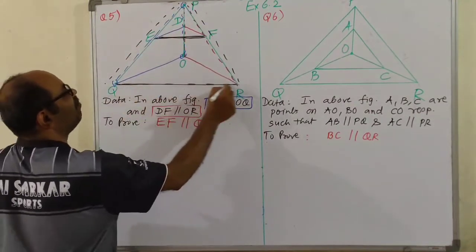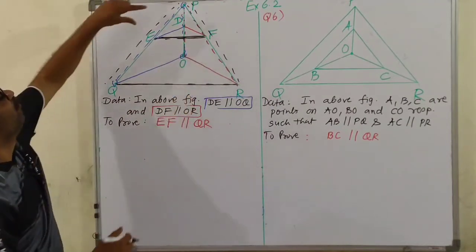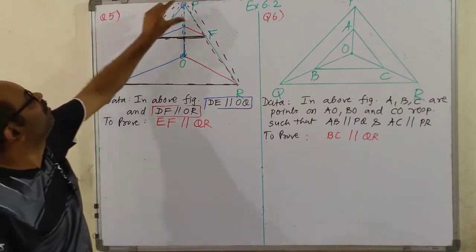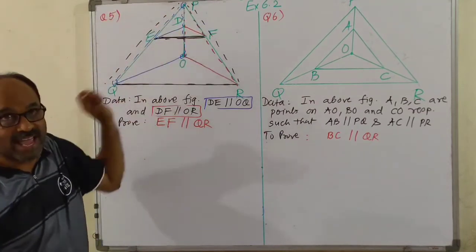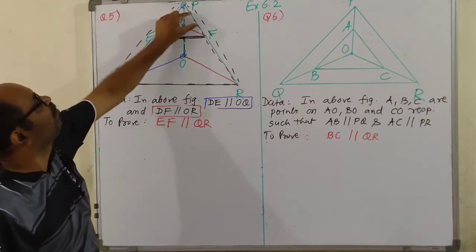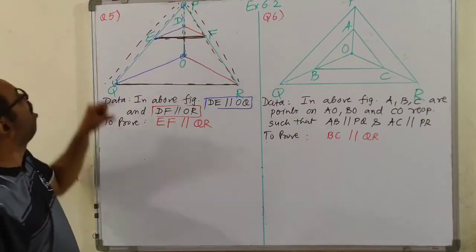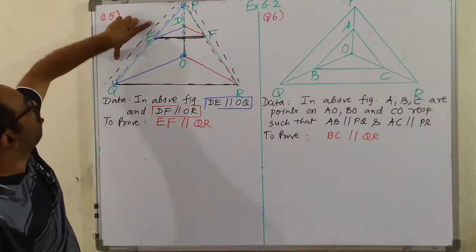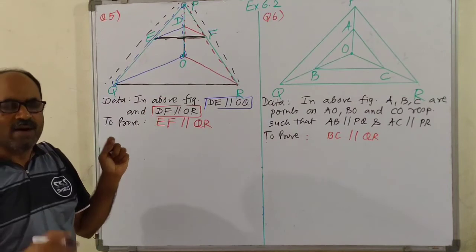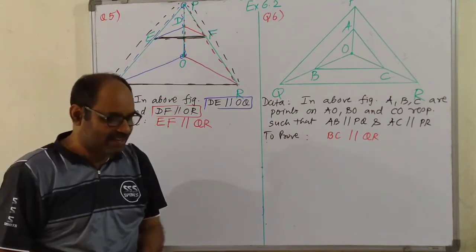In this triangle black, if PE upon QE is equal to PF upon FR or PE upon PQ is equal to PF upon FR or QE upon whole PQ is equal to FR upon whole PF. Now out of these three, let's see what we get.